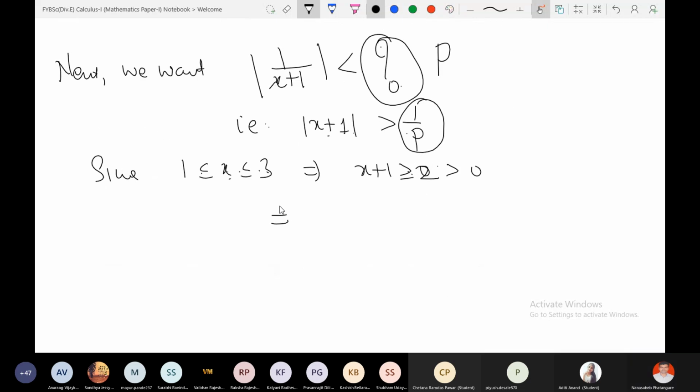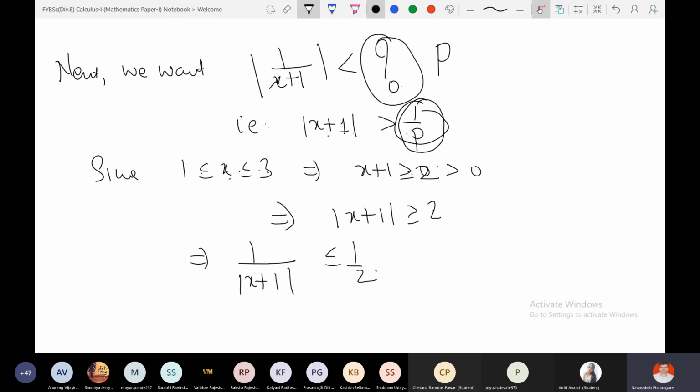And therefore the absolute value of x plus 1 is greater than or equal to 2. So 1 by p is now 1 by 2, and therefore 1 upon the absolute value of x plus 1 is less than or equal to 1 by 2.